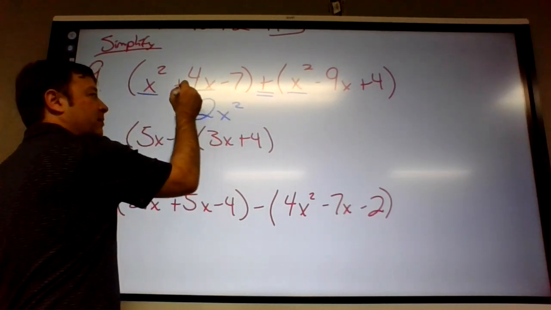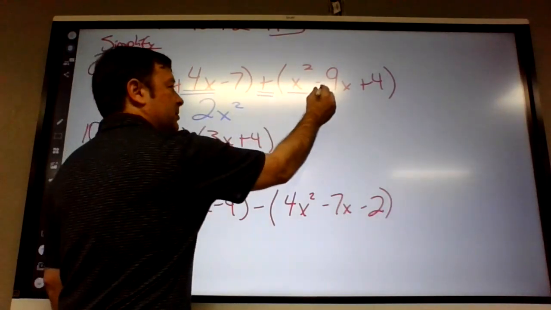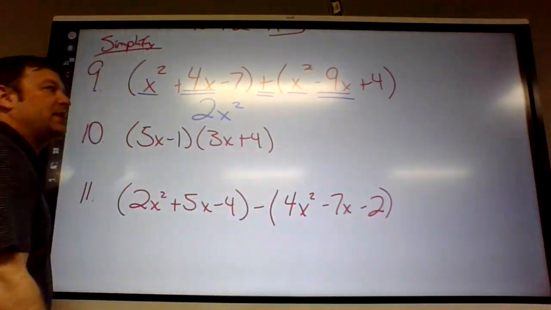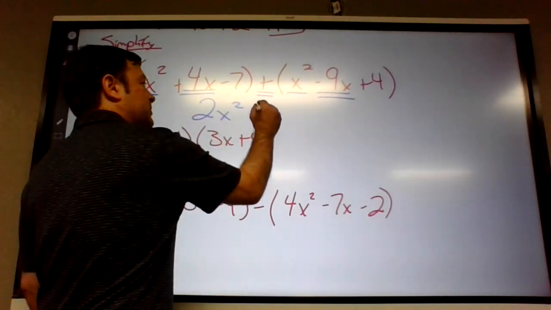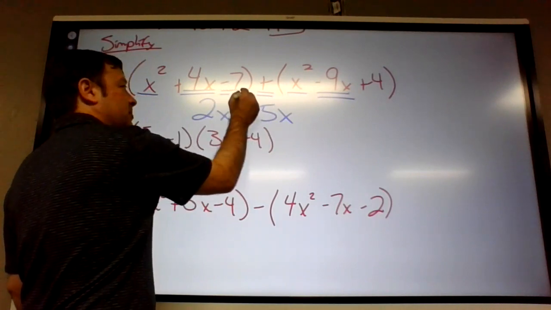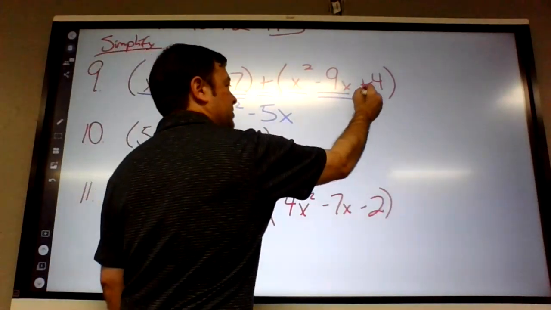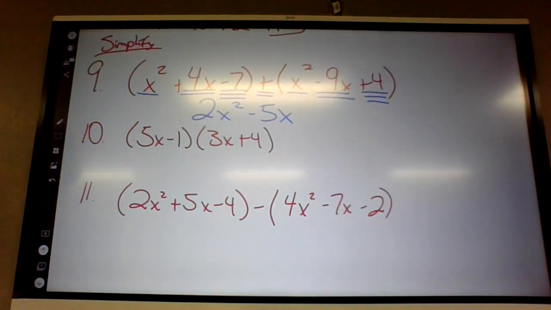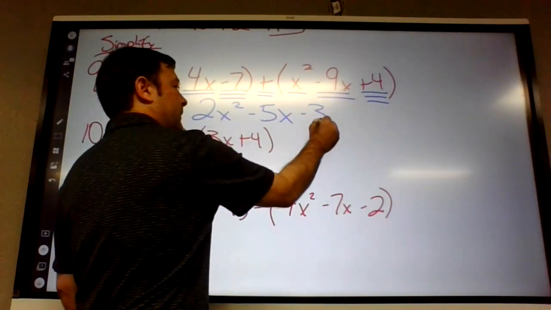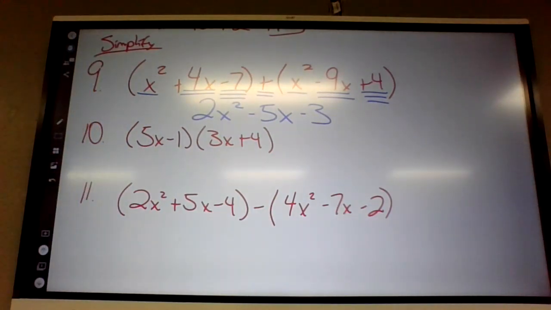And then we have plus 4x plus a minus 9x. Yep. Minus 5x, yes. And then minus 7 plus 4. Yeah, that'll be it. Alright, basketball guys can go.